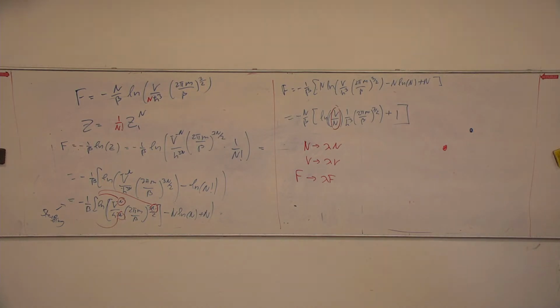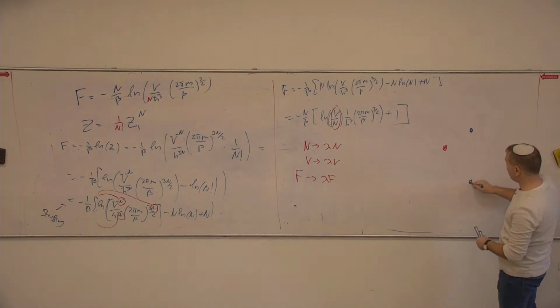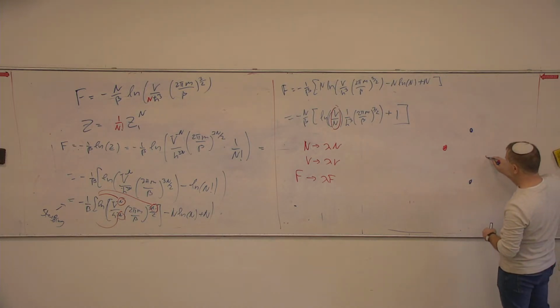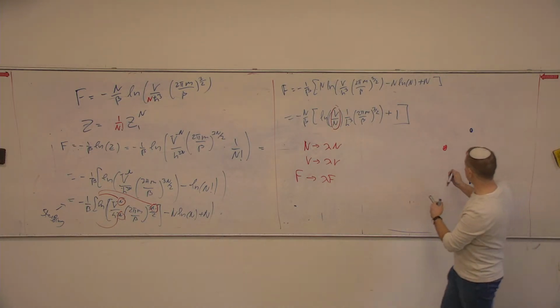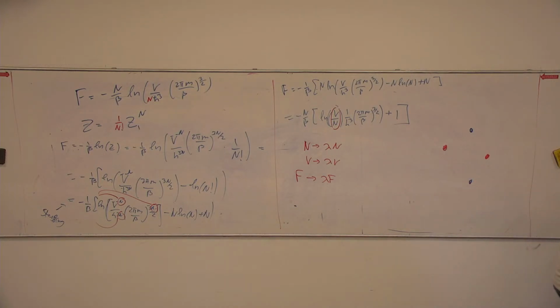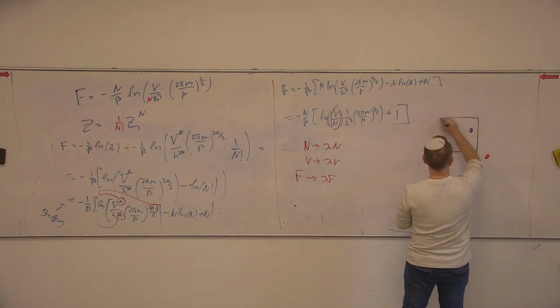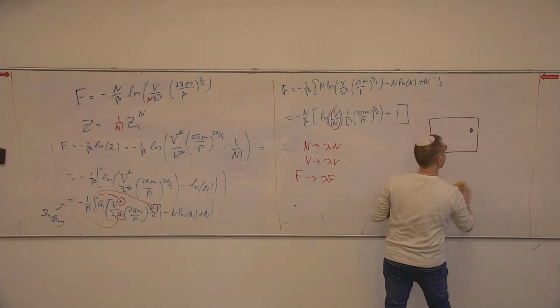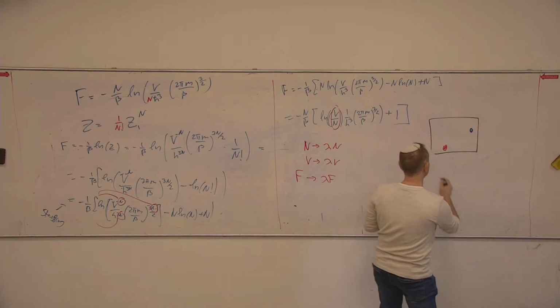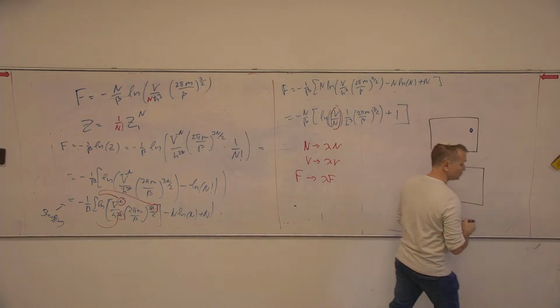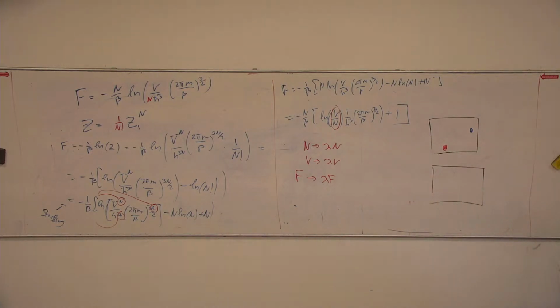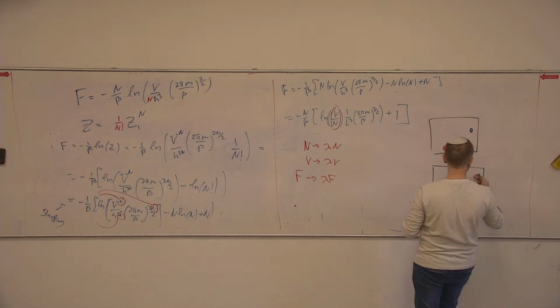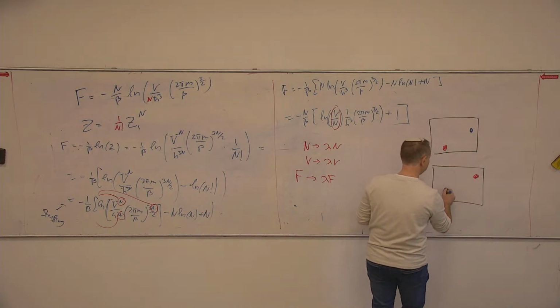I plot a blue particle and a red particle. This was my original box. And I switched the red and blue particles. So now I have red and I have blue.